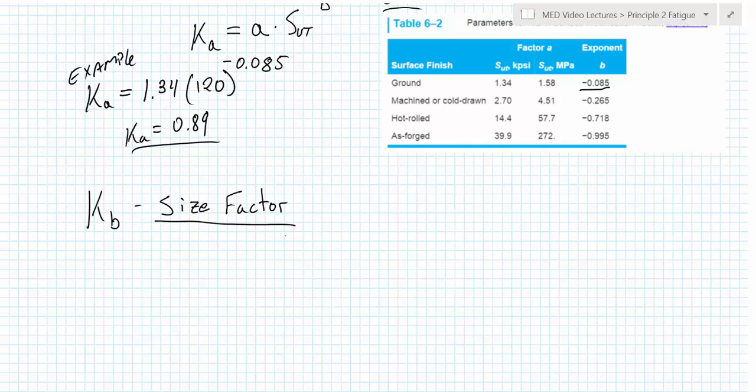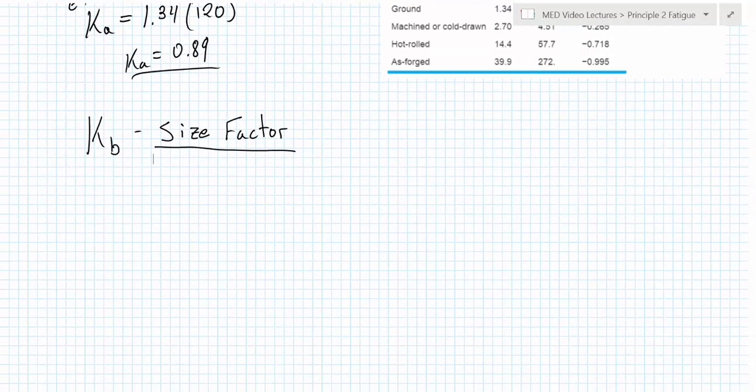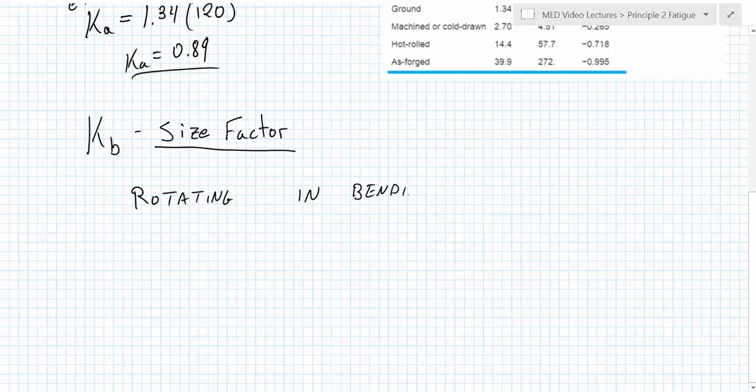So the size factor depends a bit on how it's loaded and a bit on how similar it is to the test specimen size. If we have a part like the test specimen, which is rotating and also in bending or torsion, then we define Kb like this.